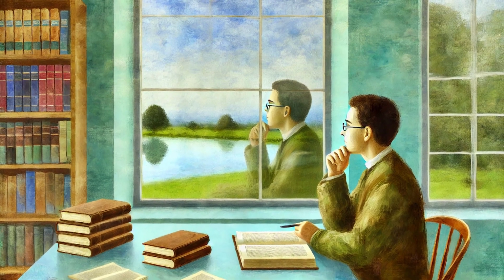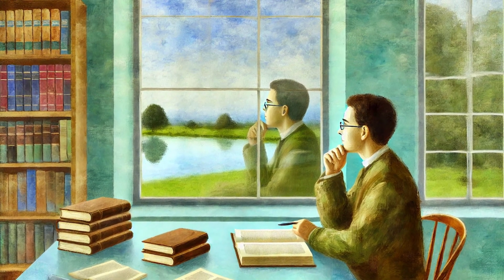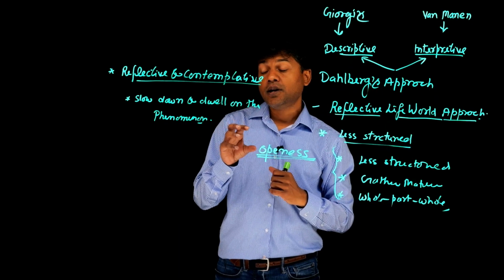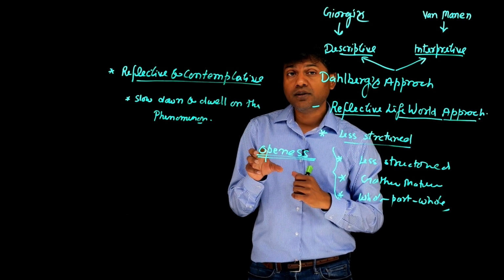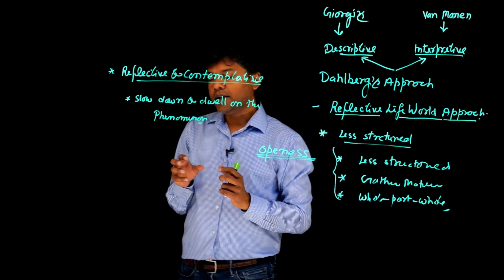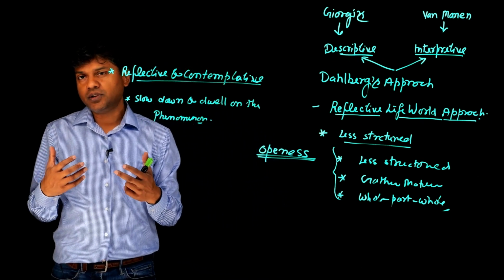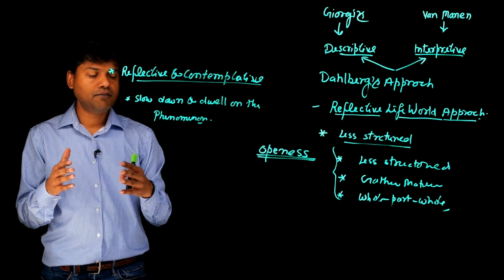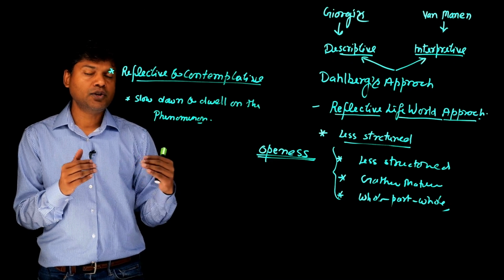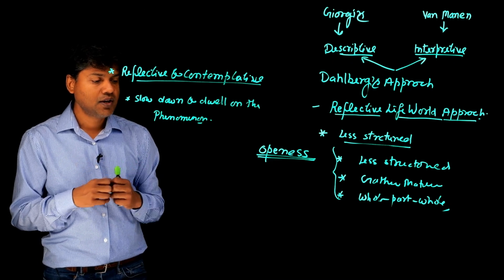So as you start your phenomenological research, she asks you to slow down, unlike other approaches where obviously as a researcher you have your deadlines, you have your funding, deadlines that you want to meet and all those things.